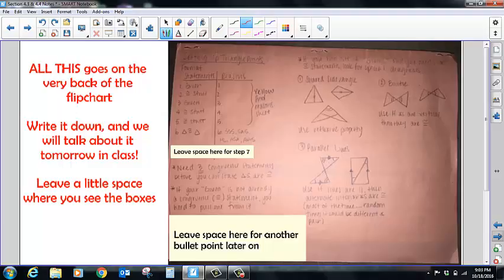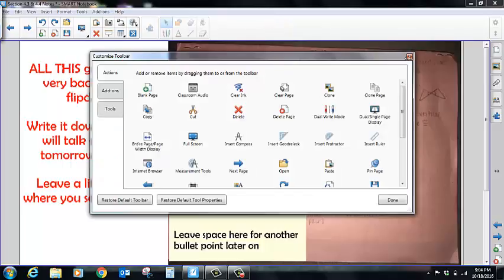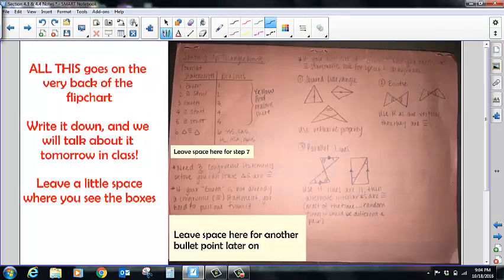So flip the entire thing over, okay? And you're writing on the very, very back. You can see my staples up here. So know that you are on the back side of the flip chart.